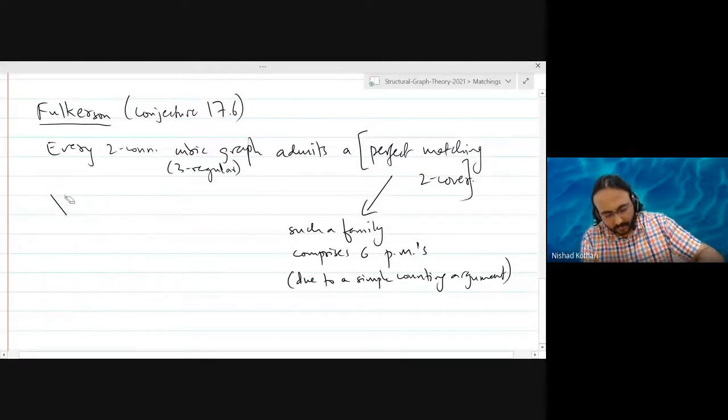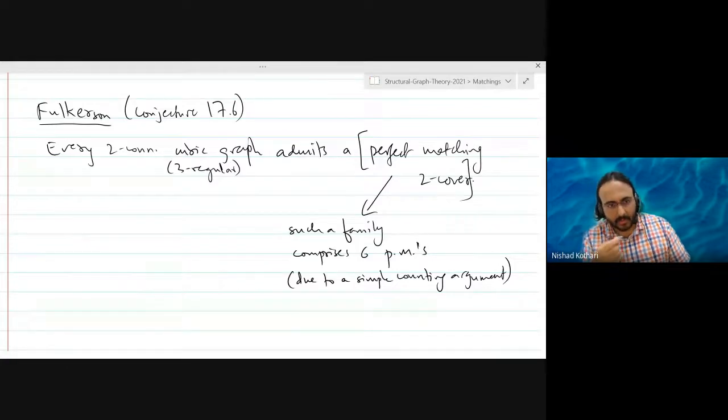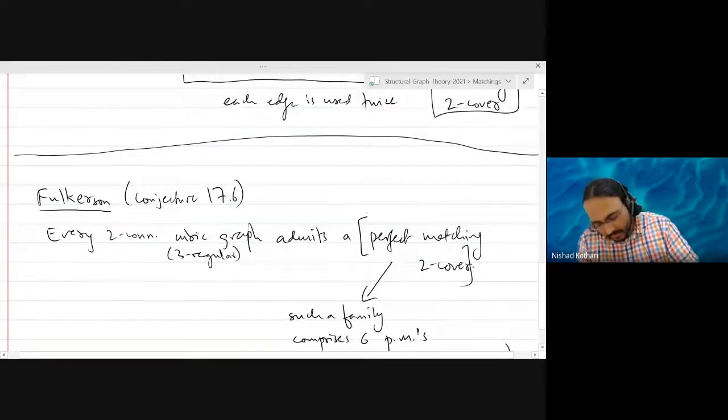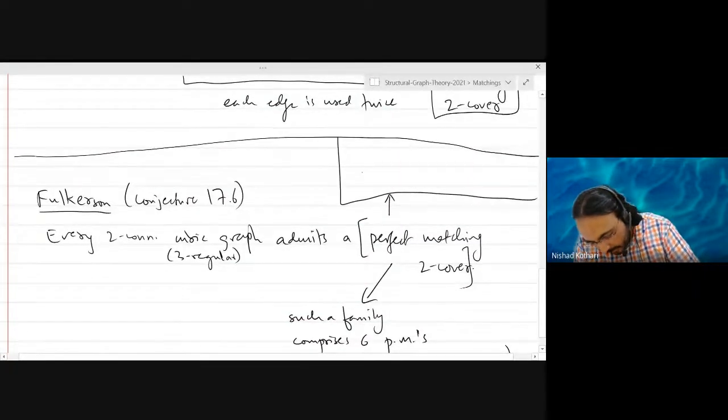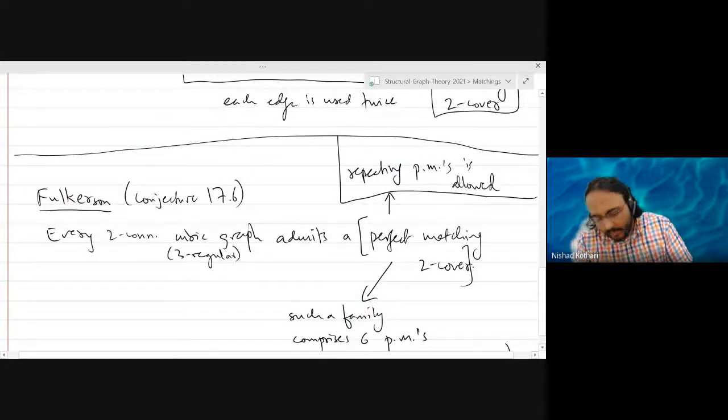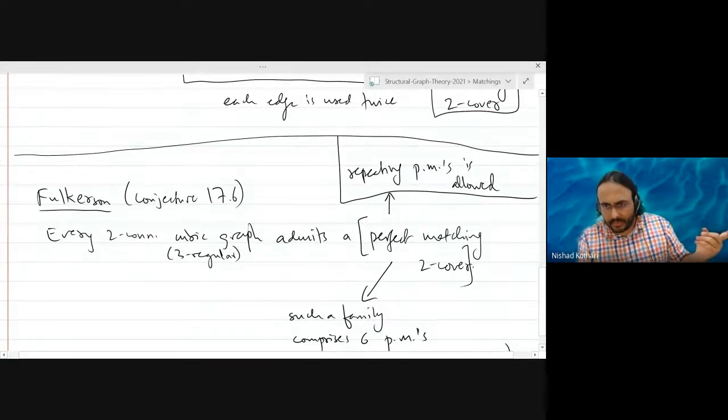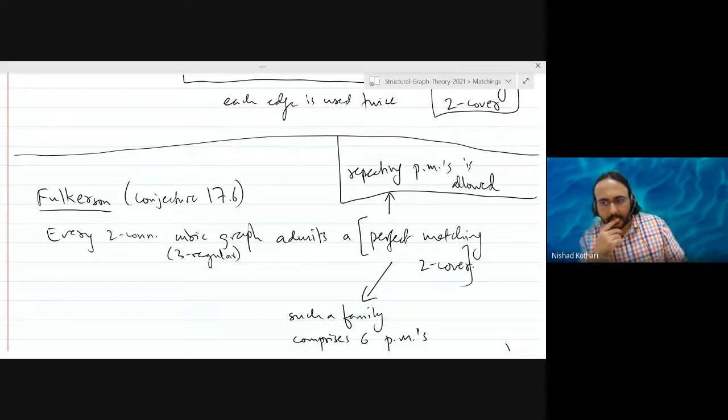In the cycle double cover conjecture, we allow repeating the same cycle again, otherwise you get these small counterexamples. In the same sense, here also you can repeat the same perfect matching twice. Repeating perfect matchings is allowed, and that was allowed when we discussed one covers and two covers. It's not something new.